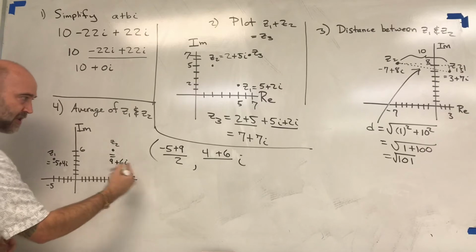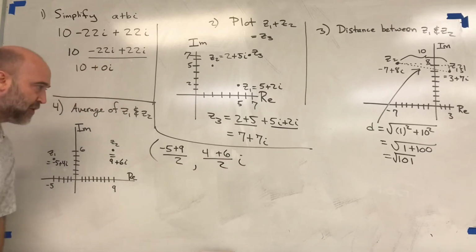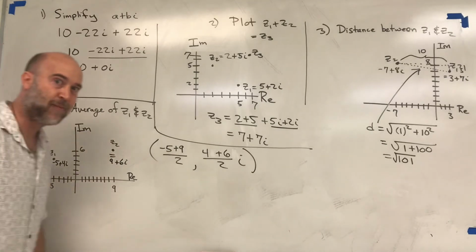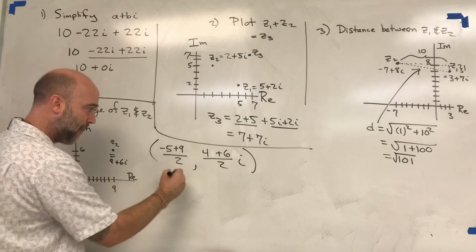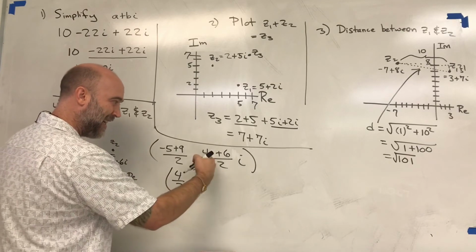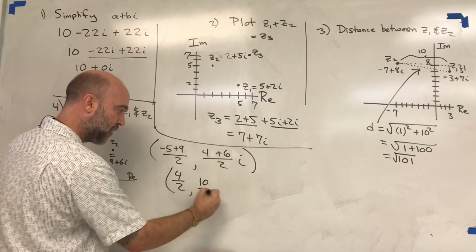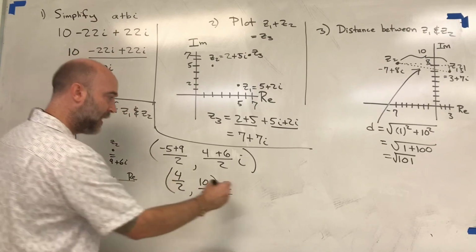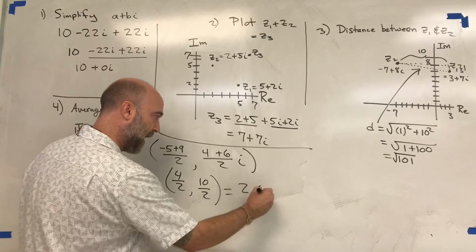And then, let's see, there's 2 of them. So we're dividing by 2. And then this is a point in space that I'm looking at in the complex space. So we got a 4 over 2, comma, and a 10 over 2. So this midpoint is 2, comma, 5.